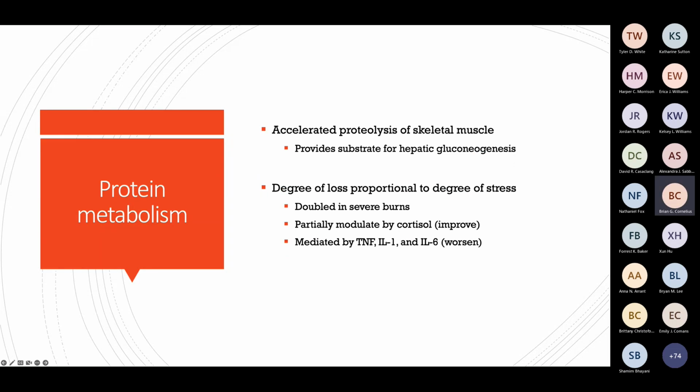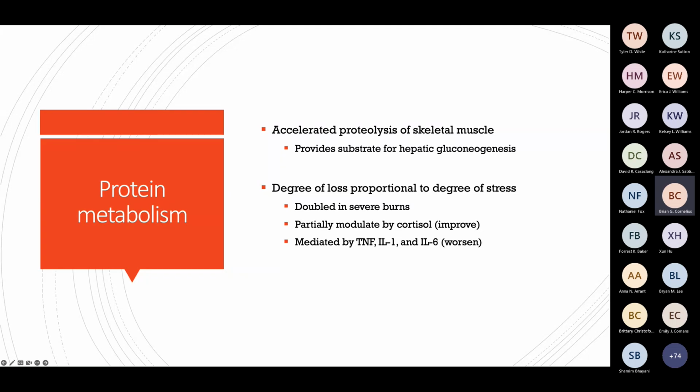From a protein standpoint, you generally have an accelerated proteolysis of the skeletal muscle. This is, again, twofold, because these patients are generally bedridden, so they're not having the muscular demands that you commonly see. And then you may also see that as a result of direct tissue trauma. When you have those severe burns or high depth burns, a lot of times they'll get into the muscular layers.